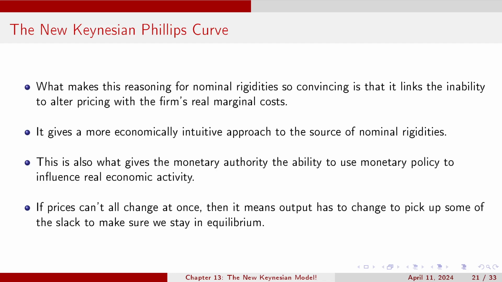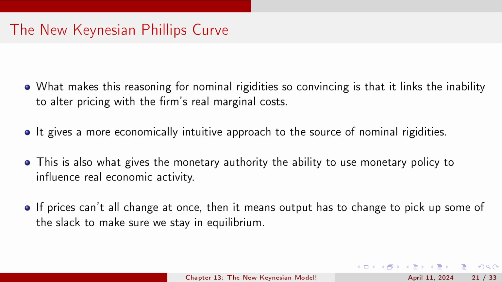So these nominal rigidities, what I like about it so much is that it links that inability to alter prices with the firm's real marginal cost. So there's an economically intuitive approach rather than just going, well, it is because it is. Here it is because the real marginal costs are being affected for the firm, and that inability to change prices around the real marginal costs, well, that makes sense.